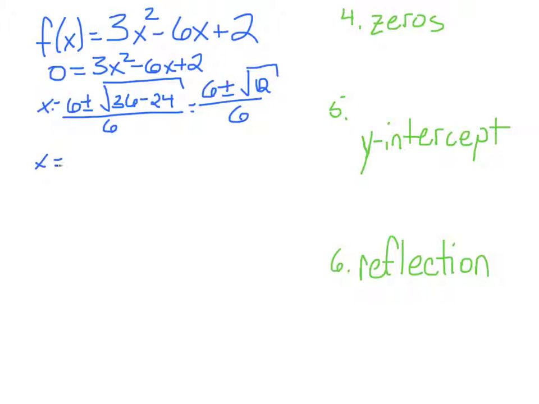So x equals 6 plus or minus 2 radical 3 over 6. 2 radical 3 is what radical 12 reduces to, because radical 12 is just radical 4 times radical 3, and the square root of 4 is 2. We're going to divide all 3 of these by 2 and get 3 plus or minus radical 3 over 3.